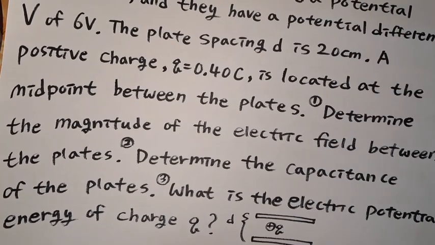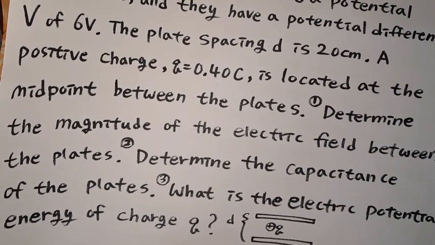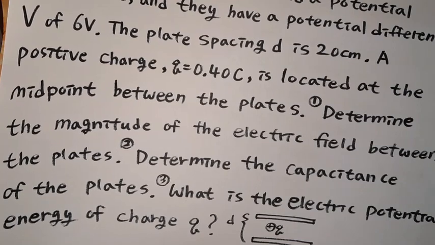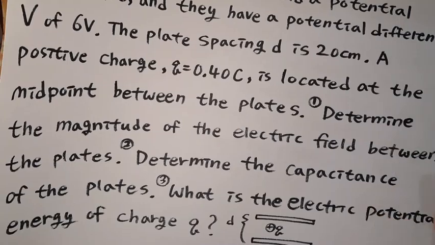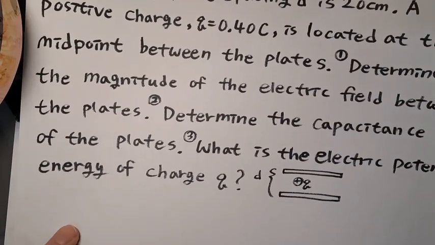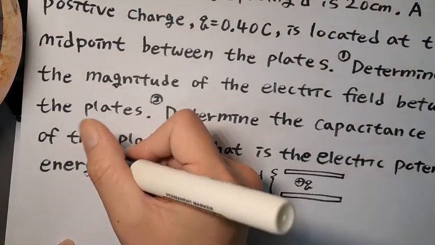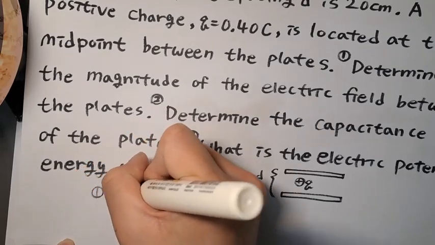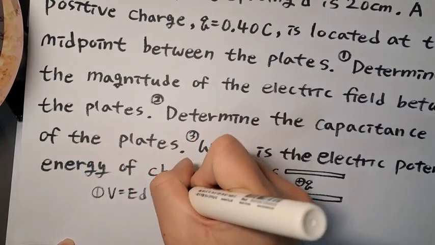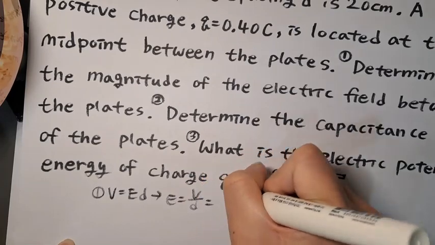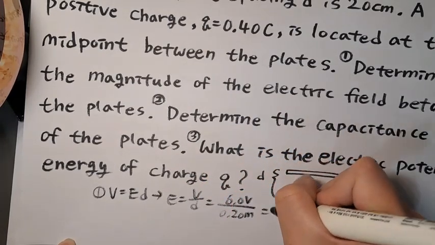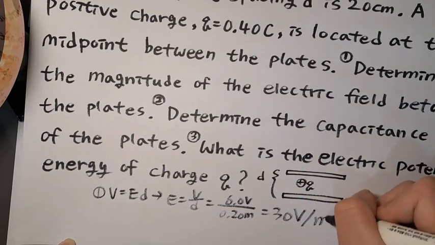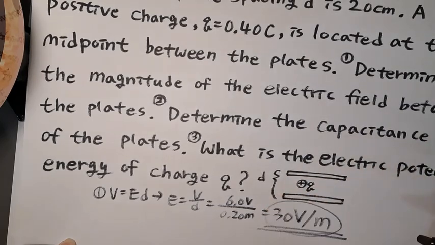So we are going to find the magnitude of the electric field. We are going to apply this equation for finding the answer of the first question. So we can find 30 volts per meter.